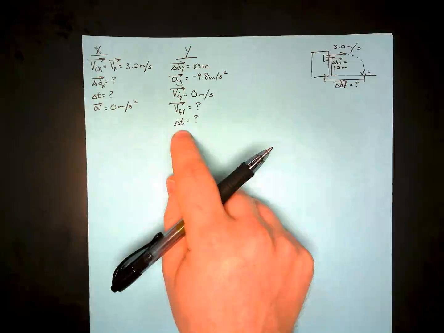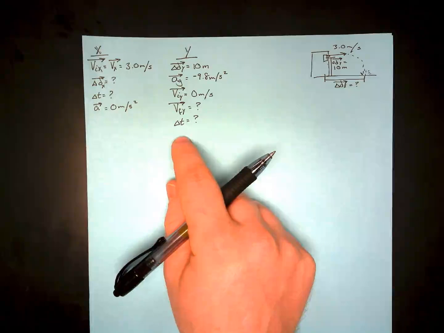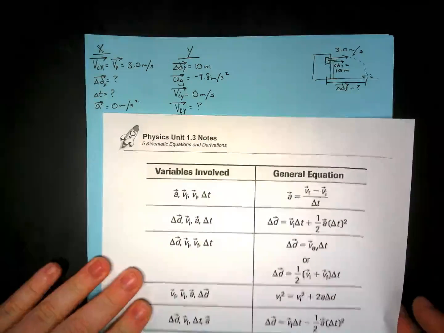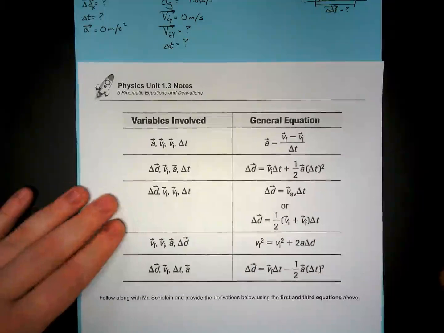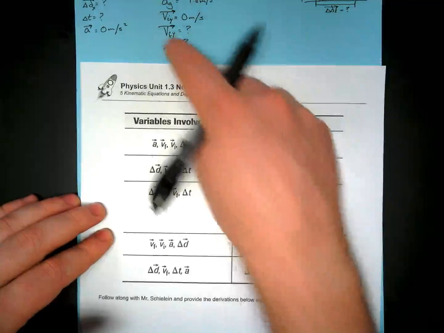So now we should get out our kinematic equations and decide, with the variables we have, what we can use to solve for time, because that's really the only thing we have to solve for over here.